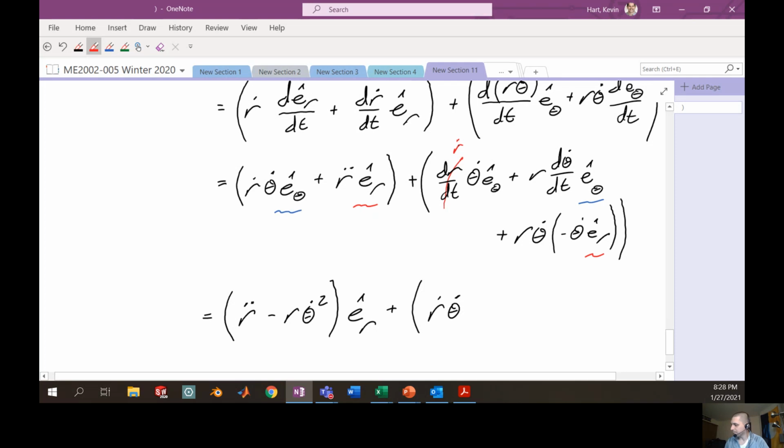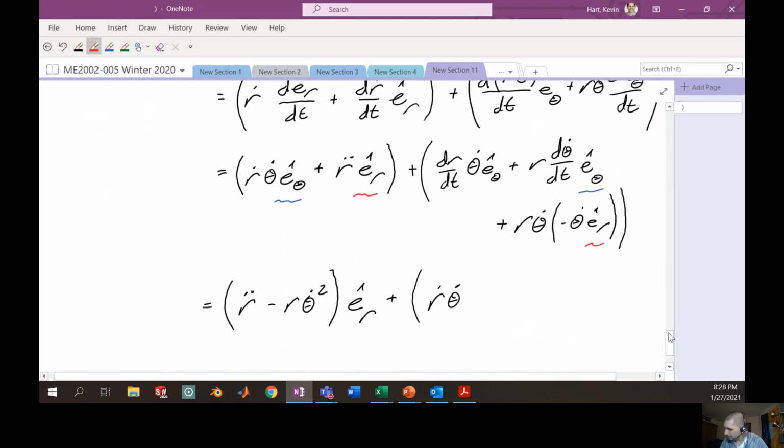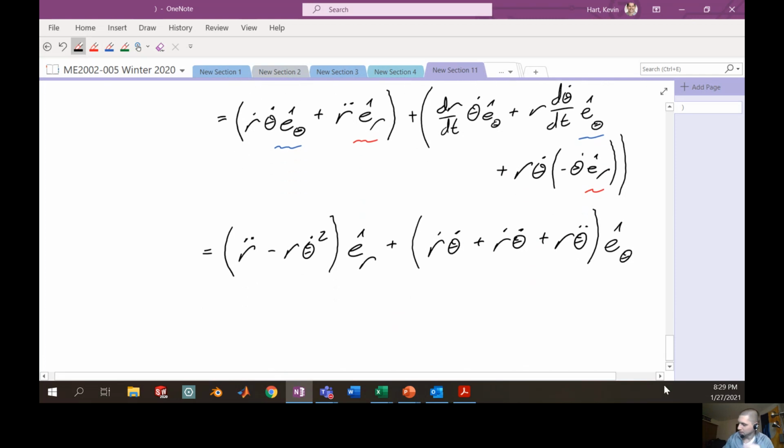We can recognize that, so this will be plus r dot theta dot. And then our last e hat theta term over here will be r times theta double dot. Okay, so all together, we see these two terms are the same.